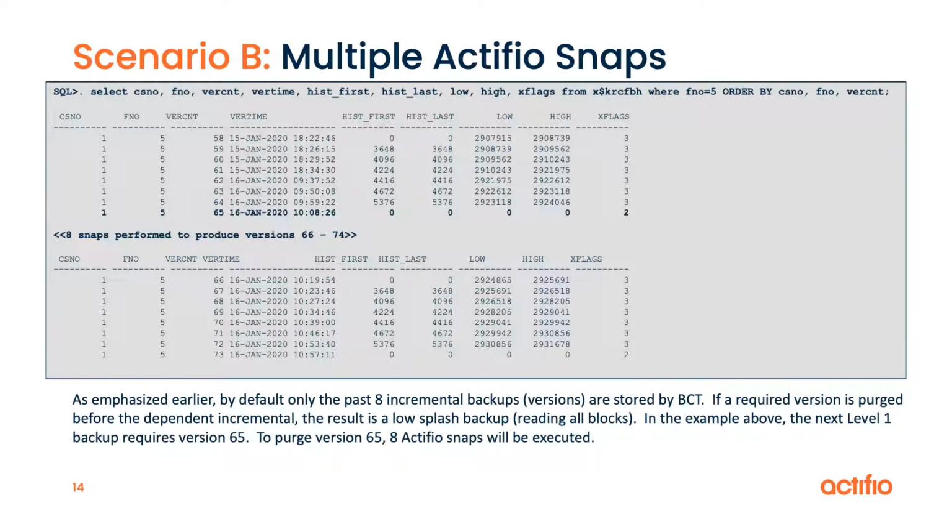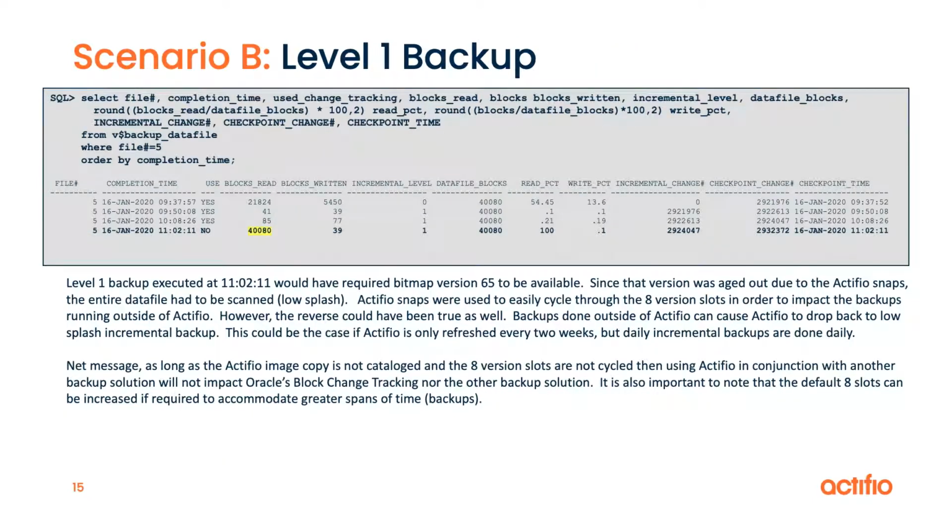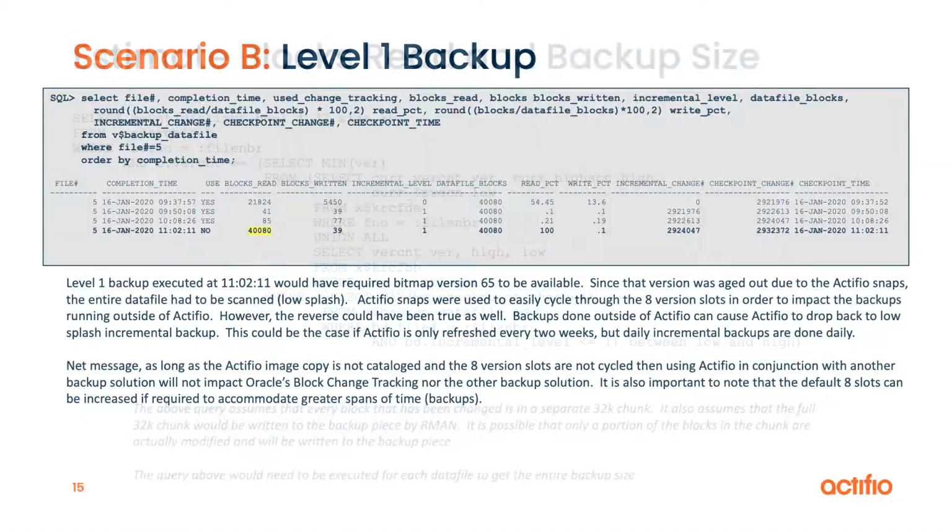So what happens now if I kick off a level 1 backup? That level 1 backup has got to go back to version 65. Well, let's take a look. So here's my level 1 backup. Notice what happened. I read the entire data file, all 40,000 blocks. Because I exhausted the block change tracking, it had to read every block in the data file.